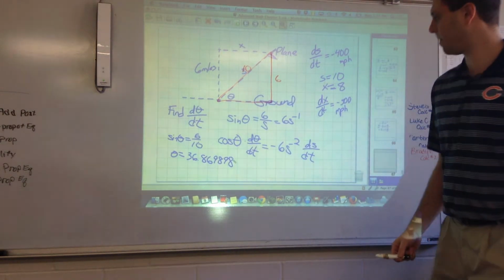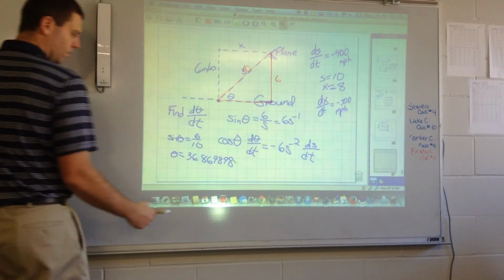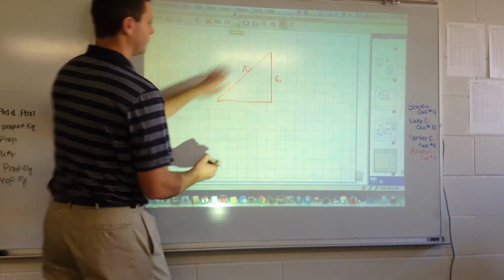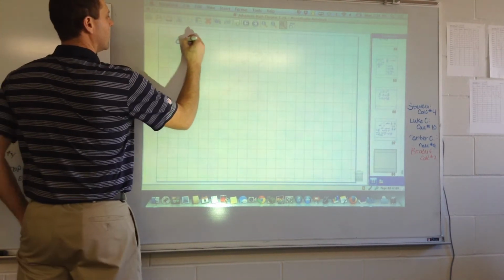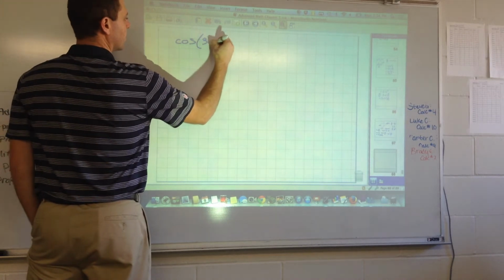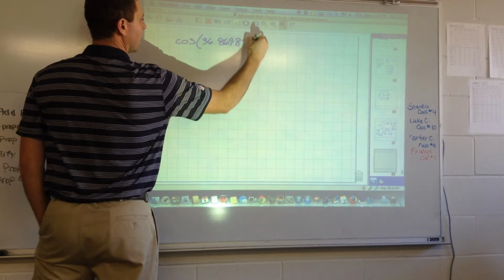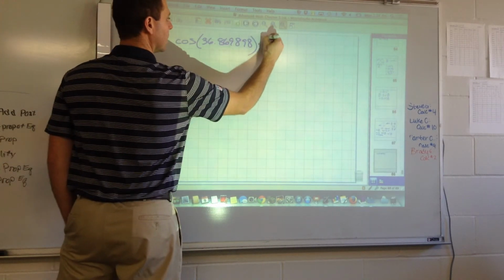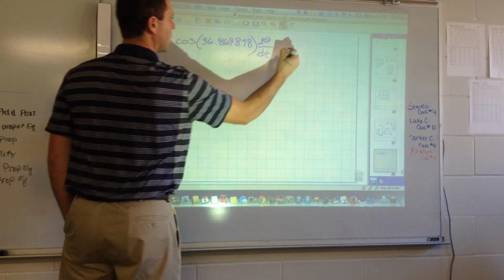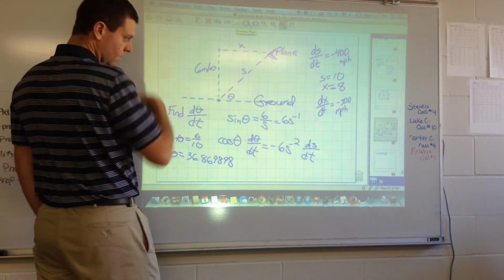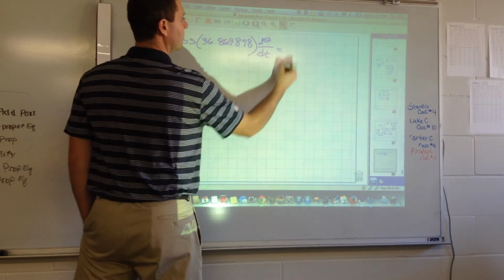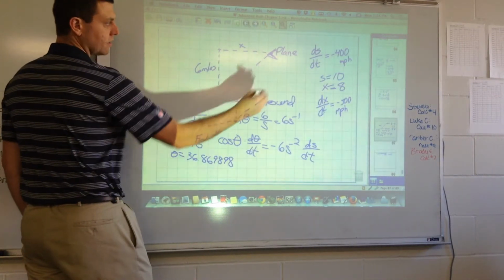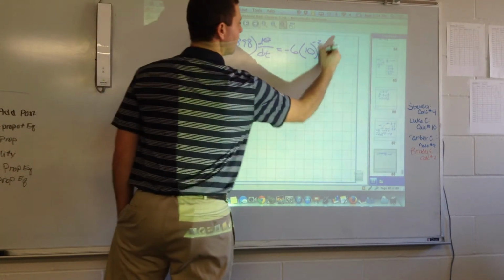So cosine of 36.869898 times d theta/dt equals negative 6 s to the negative 2, s is 10, ds/dt was negative 400.